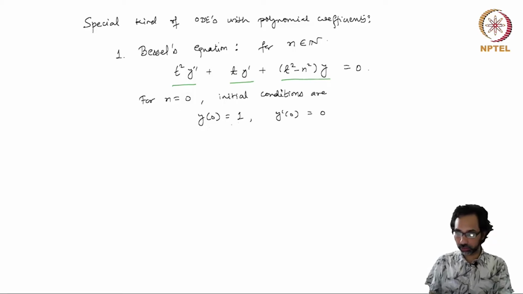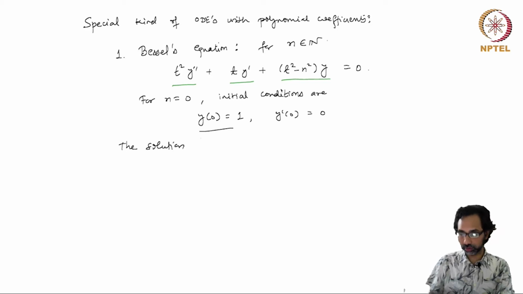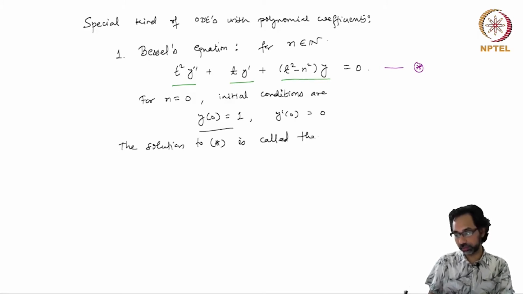For n equal to 0, the initial conditions are y(0) equal to 1 and y prime(0) equal to 0, and the solution, so let me call this differential equation star. The solution to star is called the Bessel function of order 0.